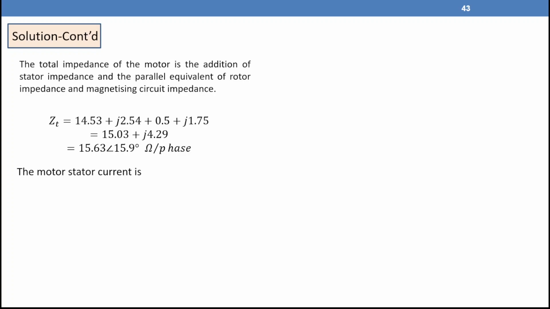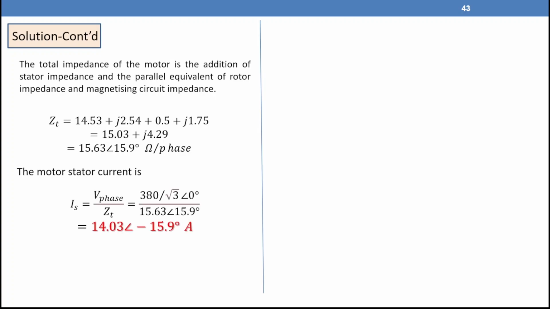To calculate the stator current, or the motor current, we divide V phase over Z total, and we find that the stator current is roughly 14 ampere, angle minus 15.9. It is negative because the current is lagging the voltage, and the current is lagging because the motor is an inductive circuit.